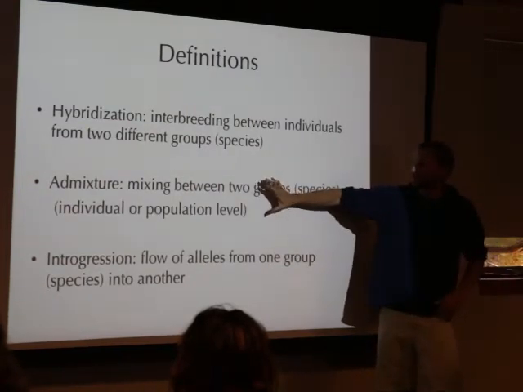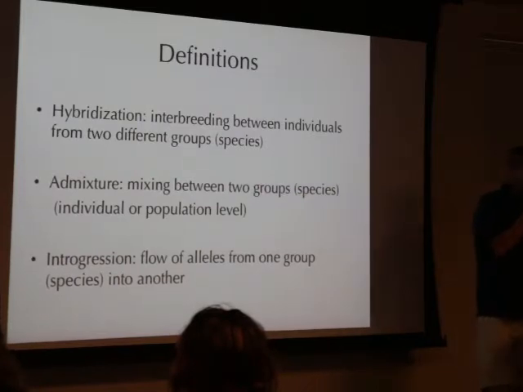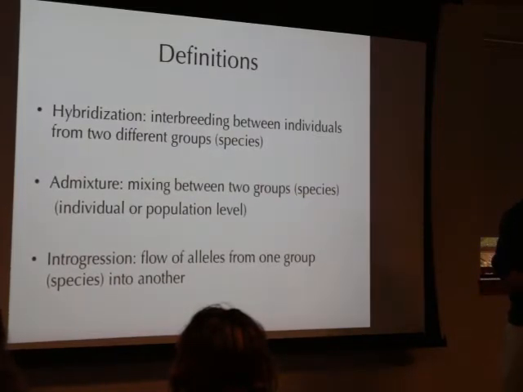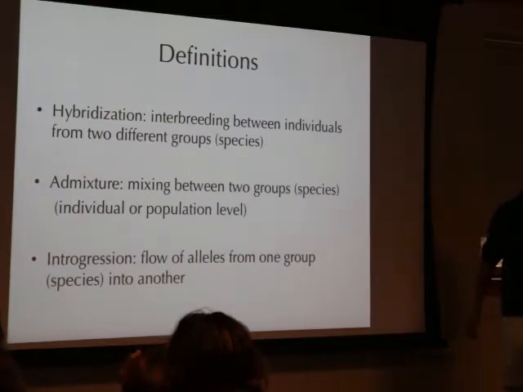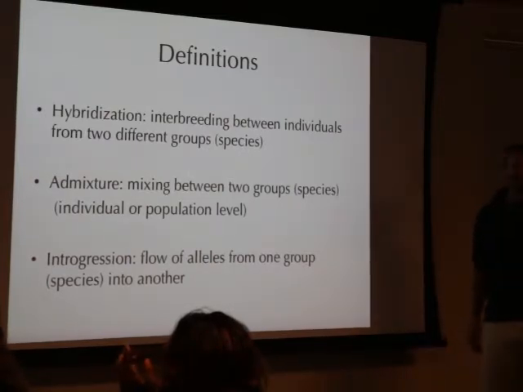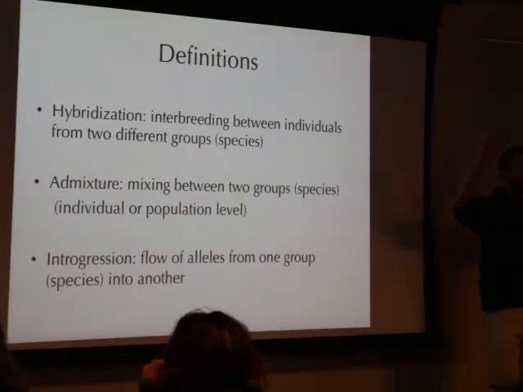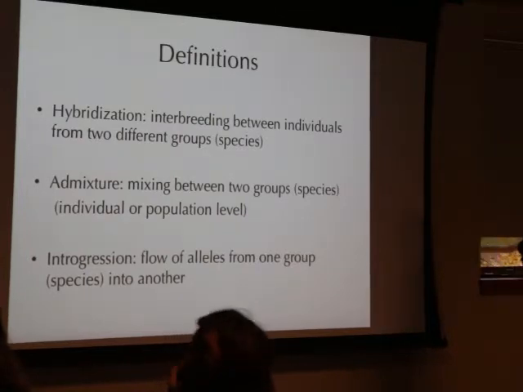Admixture is essentially the result of hybridization. You get genetic mixing between groups. And you can talk about admixture at a population level. So an admixed population is one that has at least a history of hybridization. Or at the individual level, you can think of an individual that has ancestry from, say, two different species as an admixed individual.